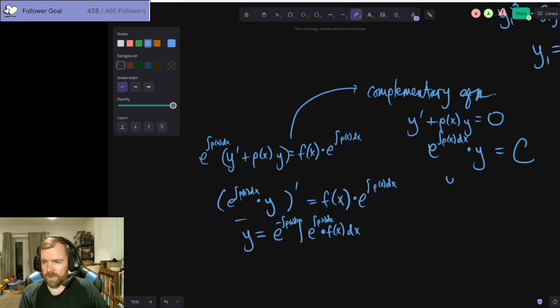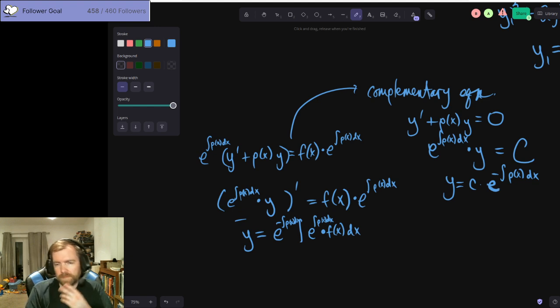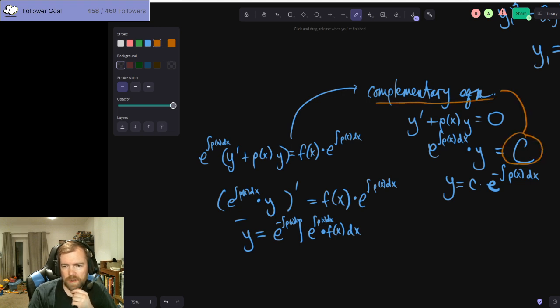And then we shift this over, y is going to be equal to c times e to the negative integral p of x dx. So rather than being just a constant in the complementary equation, right, we get all of this stuff here.